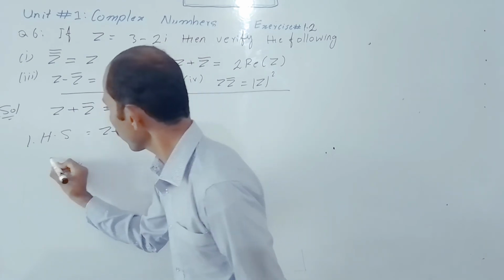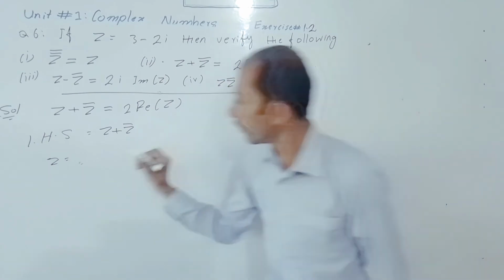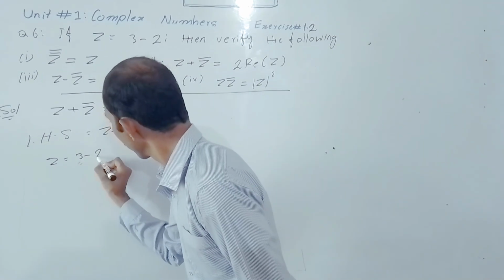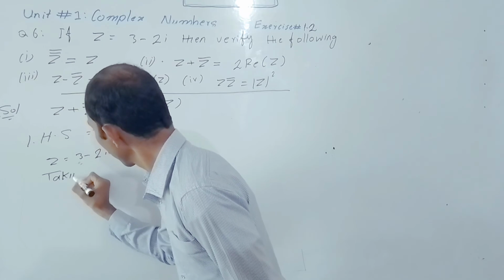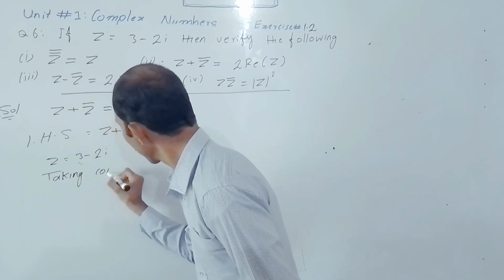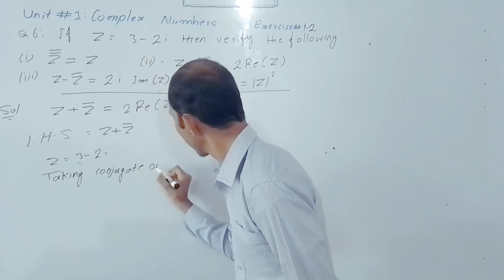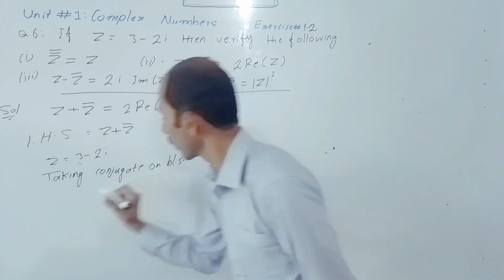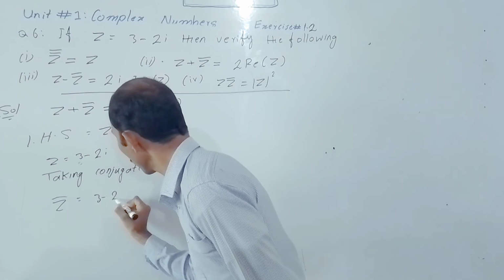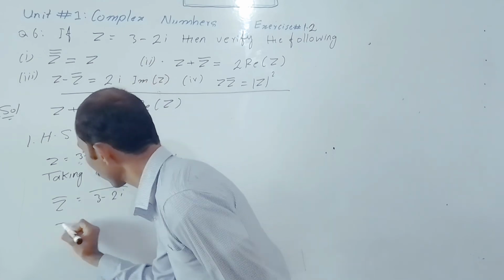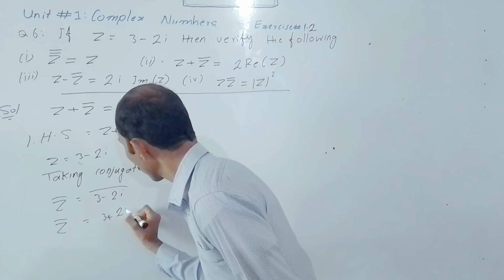So z is equal to 3 minus 2i. Taking conjugate on both sides, so z conjugate is equal to the conjugate of 3 minus 2i, so z conjugate is equal to 3 plus 2i.